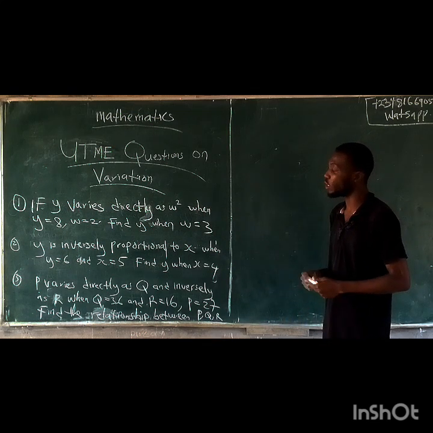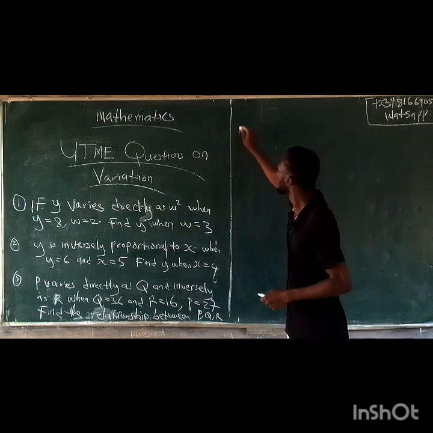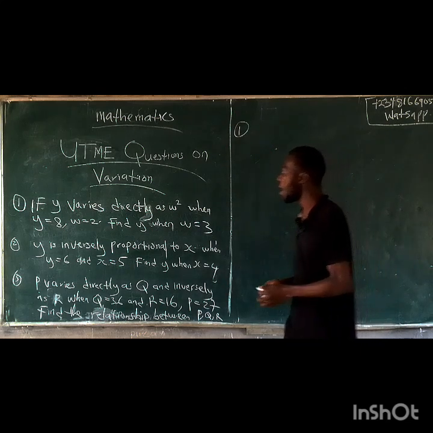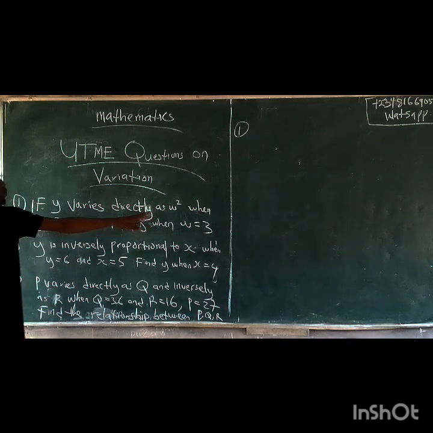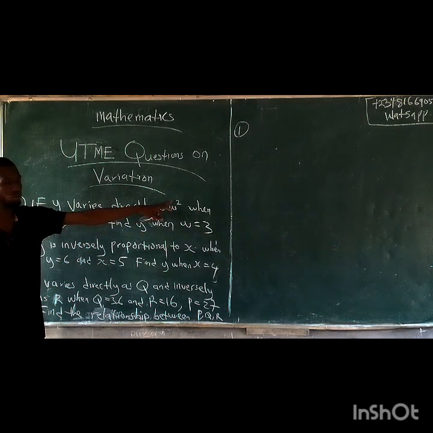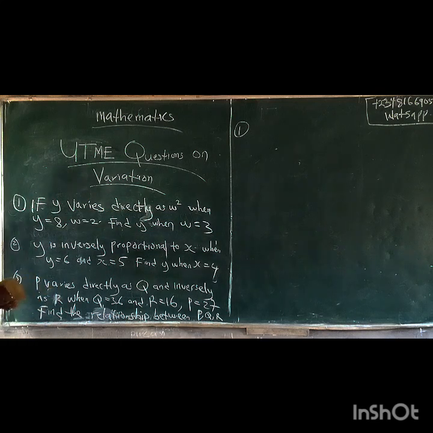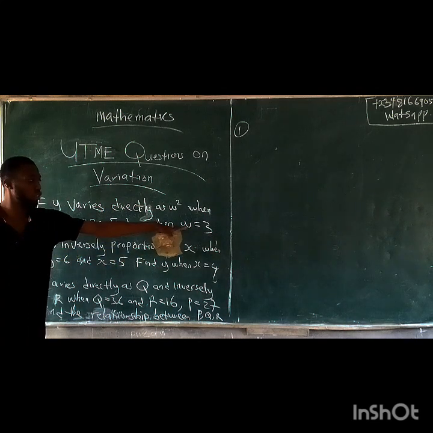Starting with the first question: if y varies directly as w raised to the power 2, when y equals 8 and w equals 2, find y when w is 3.